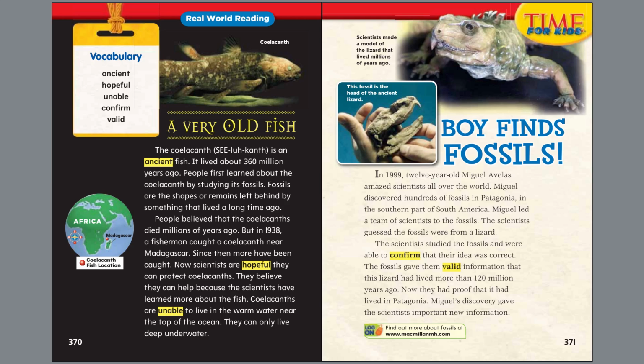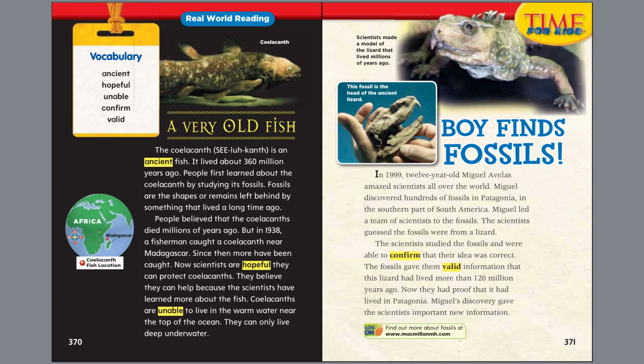So 20 is 20. You're absolutely right. But what is 25? 25. Okay, great. So put it together. We're in the year 2025. Okay, so in 1938, a fisherman caught a coelacanth near Madagascar.